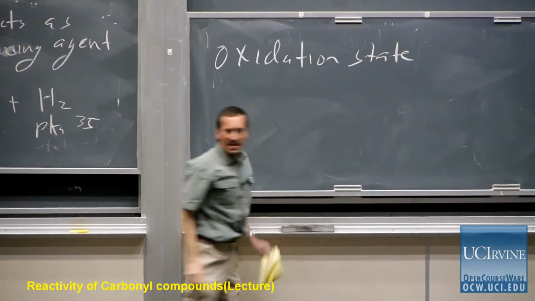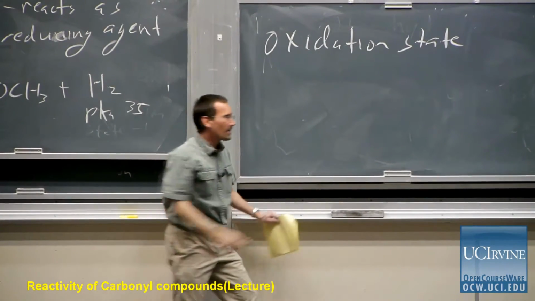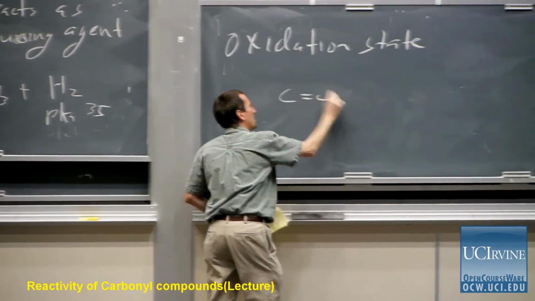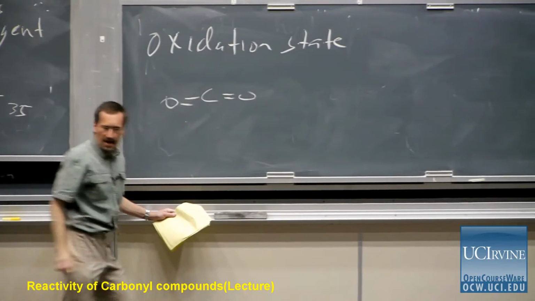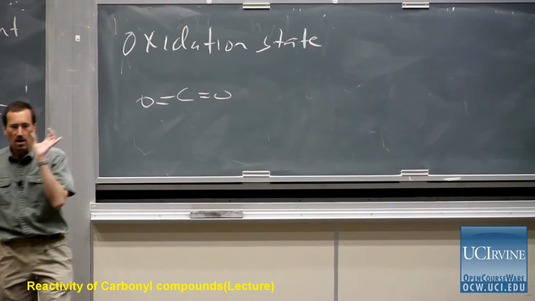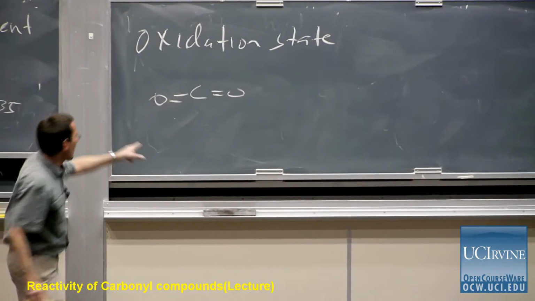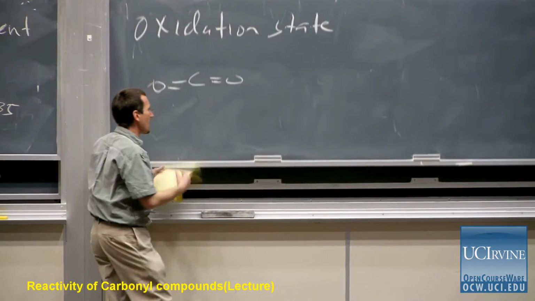All right, oxidation state. Let's take two examples here. We'll start with extreme examples: carbon dioxide and methane. Start with carbon dioxide. Carbon has 4 nuclear charges. We have 8 electrons, but we're going to play a game here.